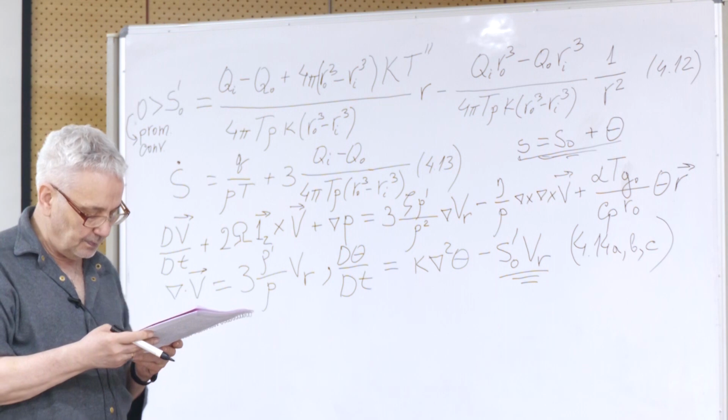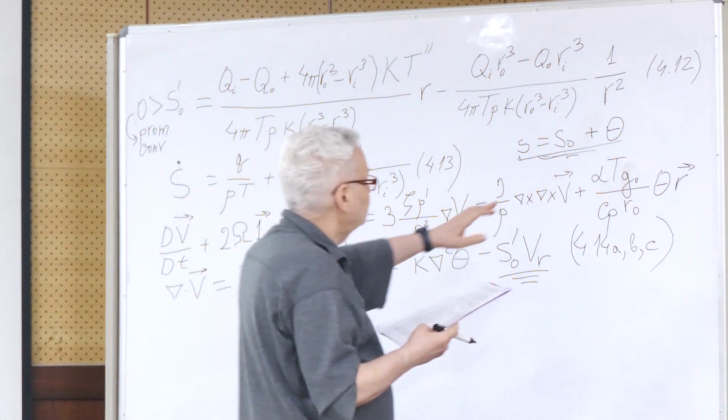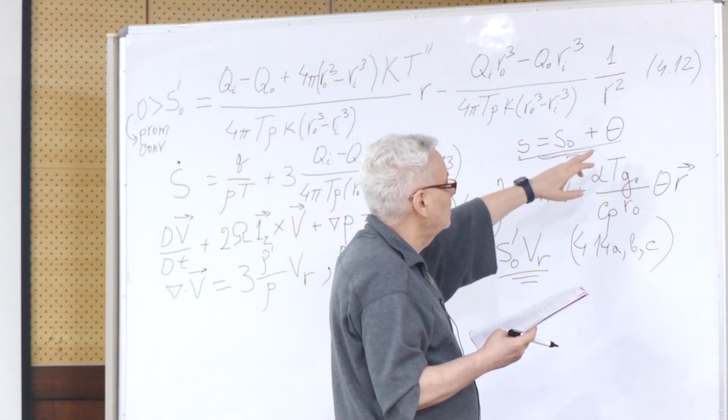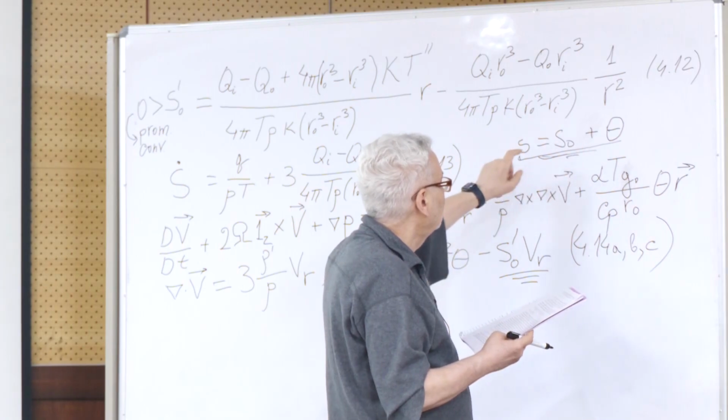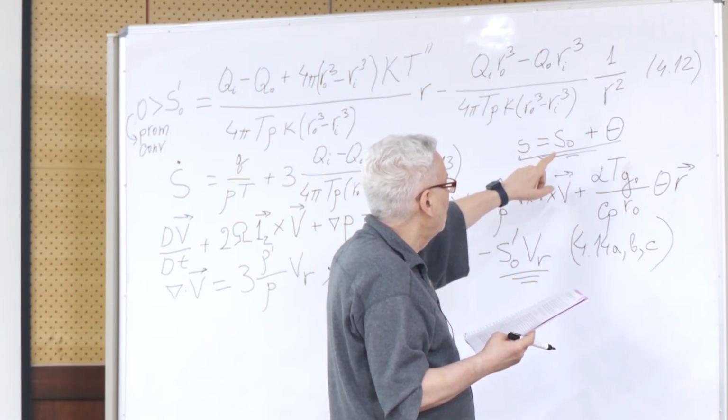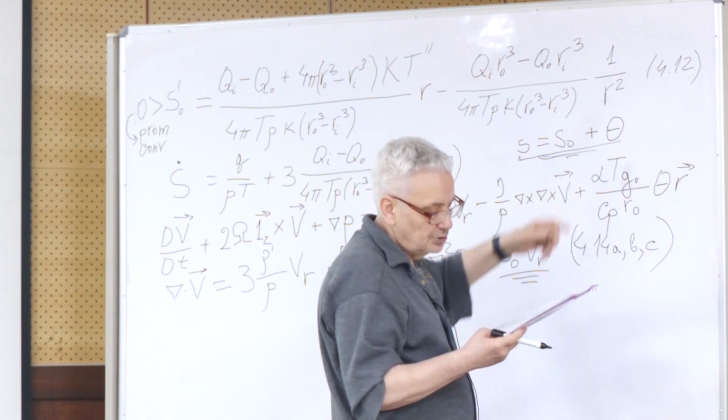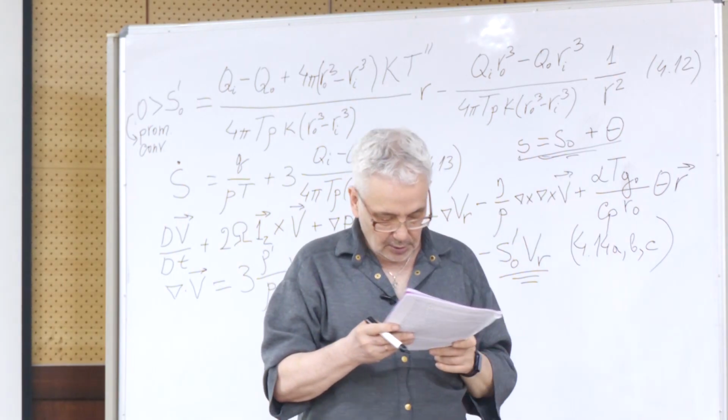And the specific entropy, in other words, we can reformulate this: the specific entropy theta is equal to the total entropy minus S. It is the same thing.